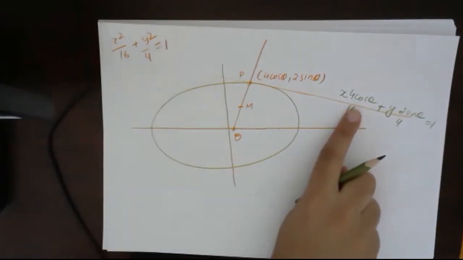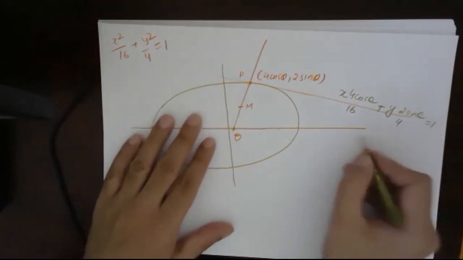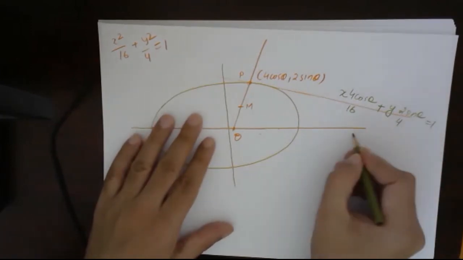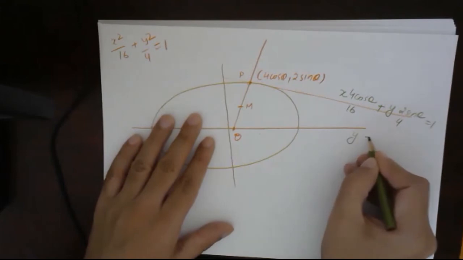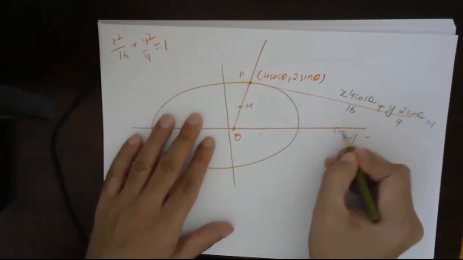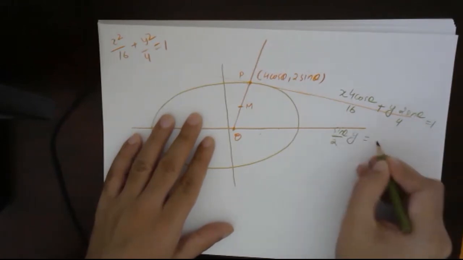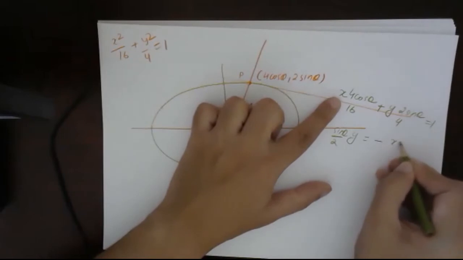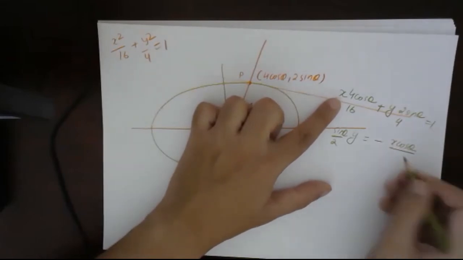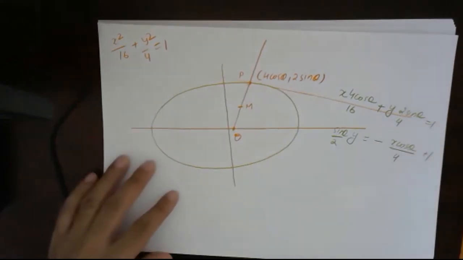I can find the slope. If I rearrange the terms, y sin theta by 2 equals minus x cos theta by 4 plus 1. Yes, Harshita, it is correct. Now it is correct.